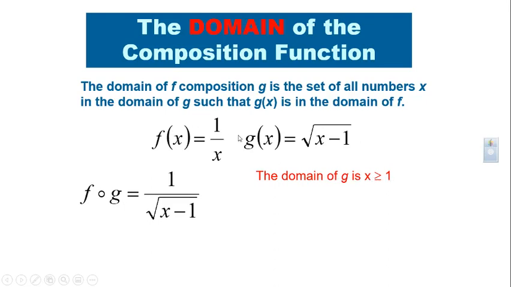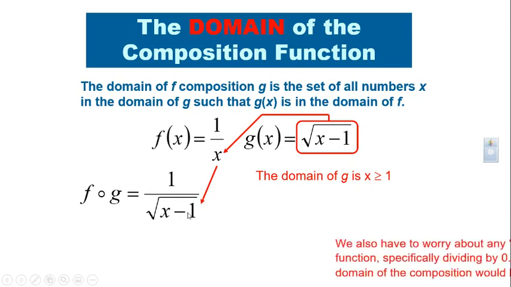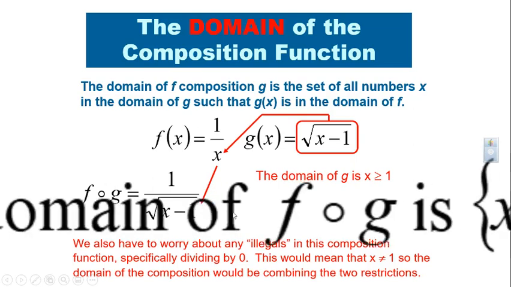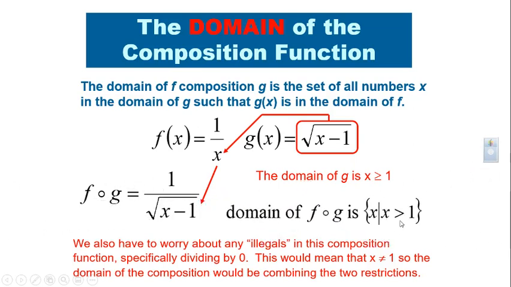Then we do f of g of x, which is 1 over square root of x minus 1, and we look for any additional restrictions. In this case, an additional restriction is that x has to be greater than 1, not just greater than or equal to. So the domain overall then is x is greater than 1, or as we may say, x is in parentheses 1 to infinity.